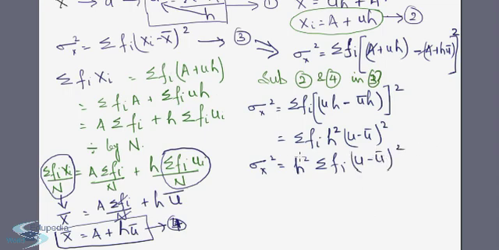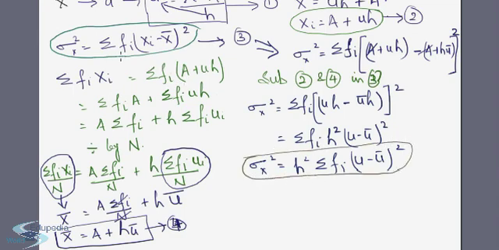Now if you look at this formula and the formula here, we see that it's exactly the same, except that we have this h coming here. You have summation fi multiplied by the variable xi minus its mean. Here it is summation fi times ui minus its mean. The only thing is that it's multiplied by h.